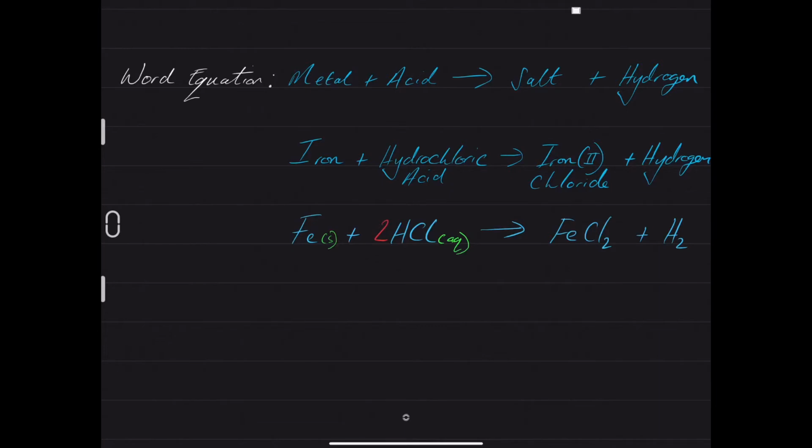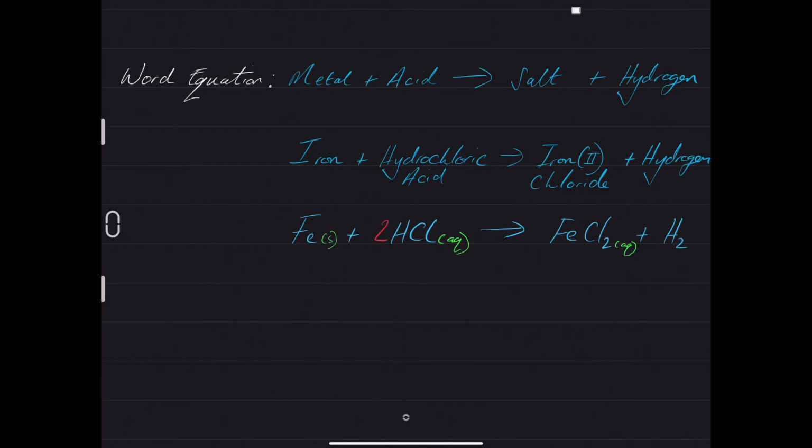Now the salt, the corresponding salt that's formed, is also in an aqueous solution. Now this will change later on in the lesson when we extract the salt from the aqueous solution. That state symbol will eventually change. However, in our initial step, the salt is in an aqueous solution.